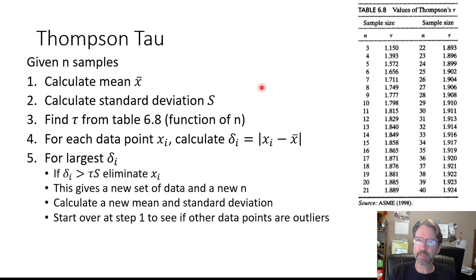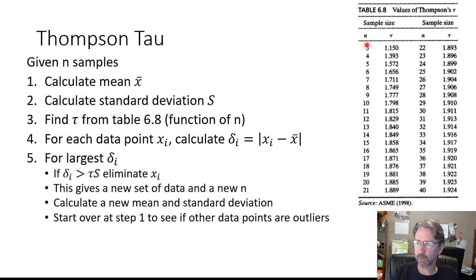So here's the Thompson Tau technique. Of course, we're using a table because it's chapter 6. So given n samples of the same thing, you calculate the average, x bar, and the standard deviation, s. Then using table 6.8, find the Thompson Tau, and it's just a function of n.